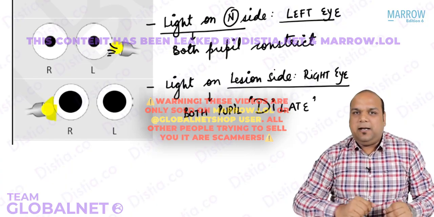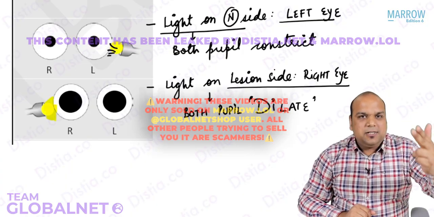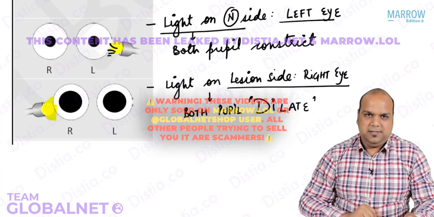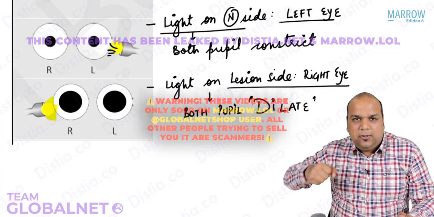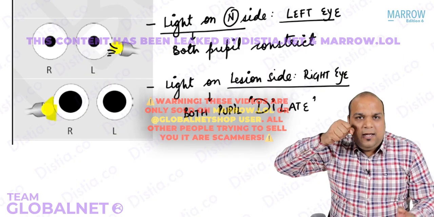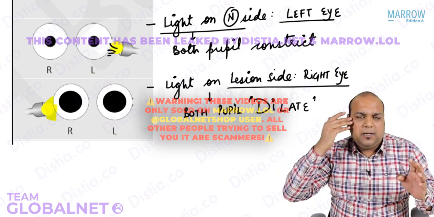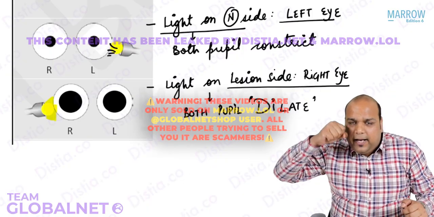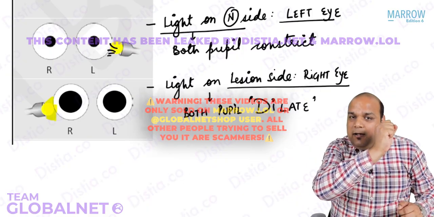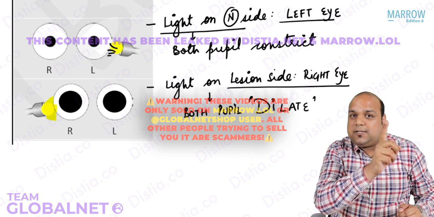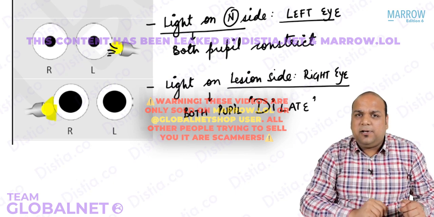Let's understand a case of RAPD. Right eye is partially functional, left eye is fully functional. So when I do this test, I throw light on the left eye first. Both pupils constrict because the left optic nerve is absolutely normal. The left pathway is normal. Then I bring my torchlight to the right side. Right side, the optic nerve is partially functional. Because it is partially functional, what will occur?